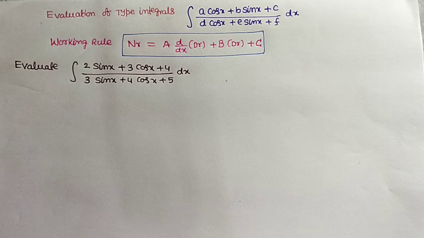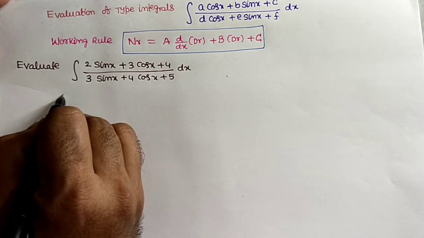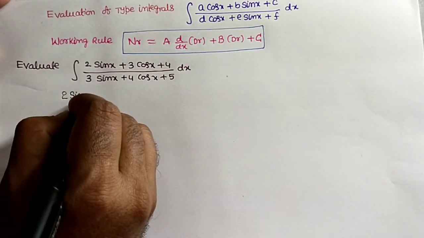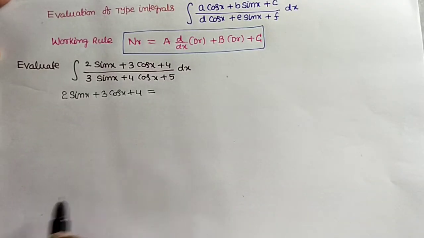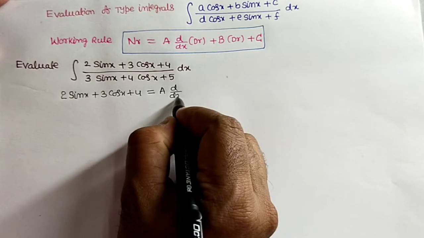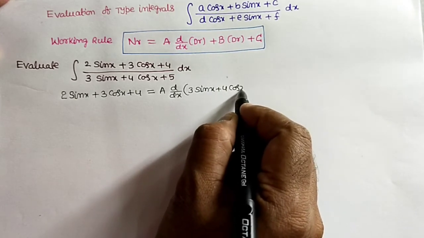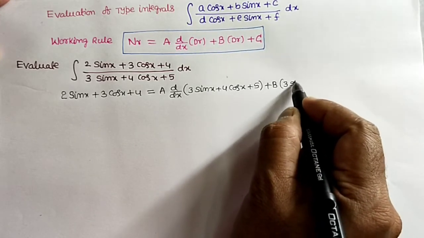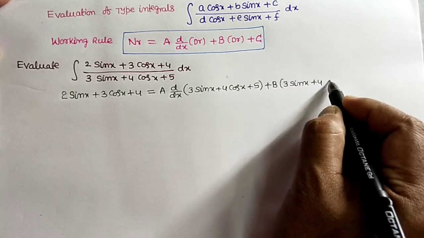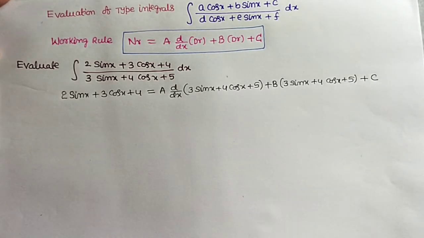By using the working rule, the numerator can be expressed as: 2 sin x plus 3 cos x plus 4 equals capital A into d by dx of the denominator, that means 3 sin x plus 4 cos x plus 5, plus capital B into the denominator, again we have to write 3 sin x plus 4 cos x plus 5, plus capital C. We wrote the working rule.